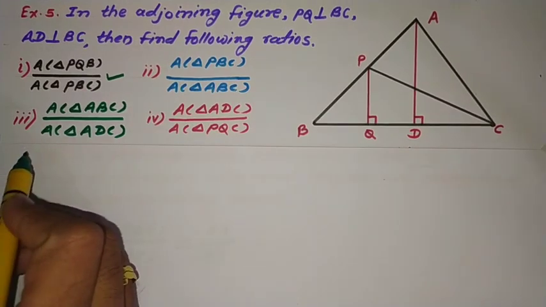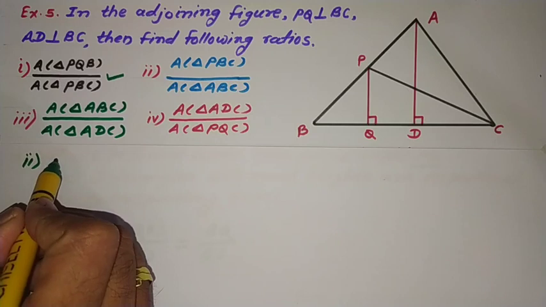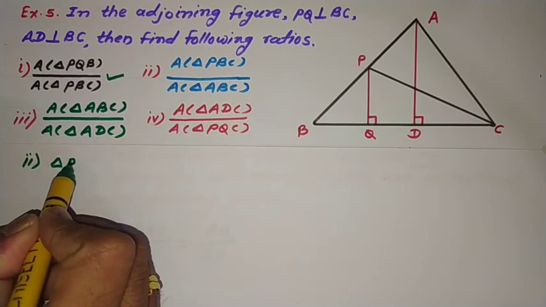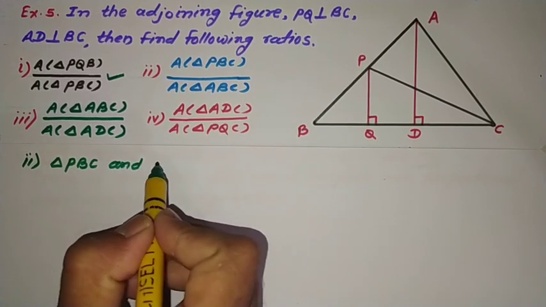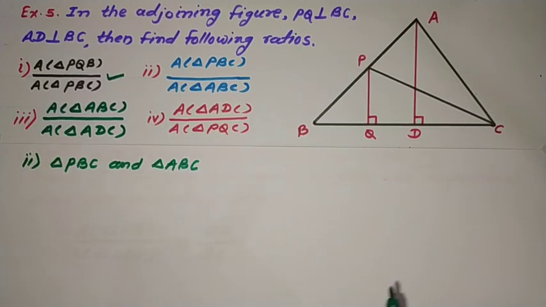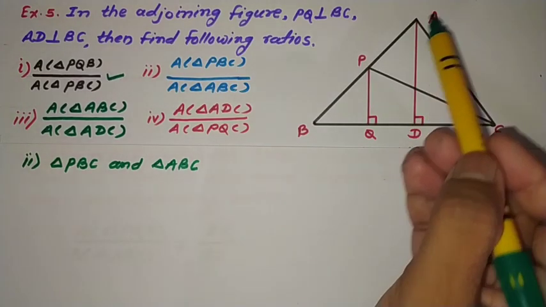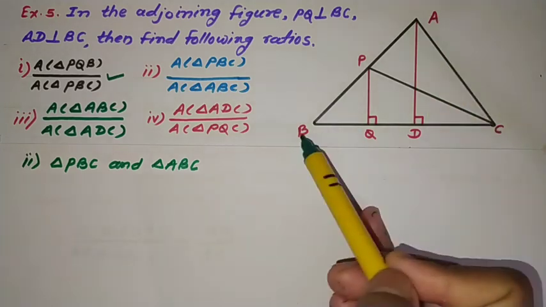Second example: here the triangle PBC and triangle ABC. Observe these two triangles in the figure, triangle PBC and triangle ABC.